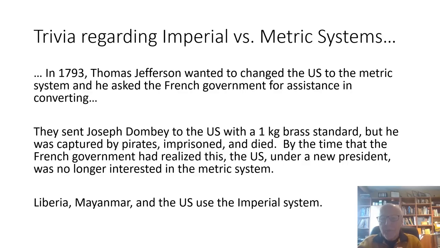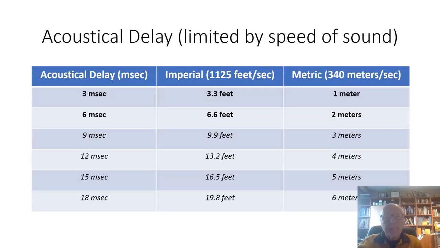But pirates, or privateers as they were then called, from England or the United Kingdom, captured him, imprisoned him, and he eventually died. By the time the French government had heard and realized this, the U.S. was under a new president who was no longer as interested in converting to the metric system. And as I said, the three countries today, and this is a trivia question, Liberia, Myanmar, and the United States, are the three that use the imperial system to this day. And that's why you have the difference between the two.